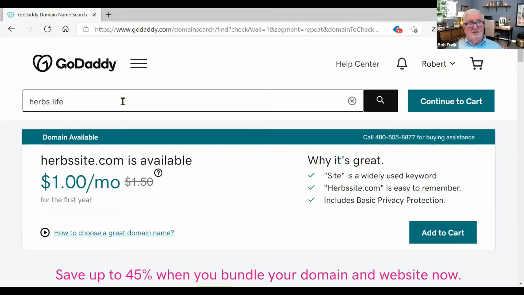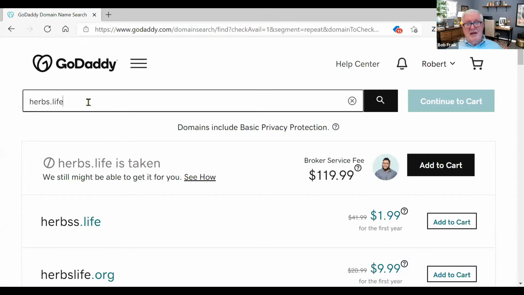And of course, the price is going to vary because if it's a .com, it's usually used by business, and they're very limited, they're competitive, and the price for them is high. Herb's Life has been taken, but if you want to buy it, somebody's parking that with the idea that they're going to sell it. So for about $120, you could buy it, Herb.